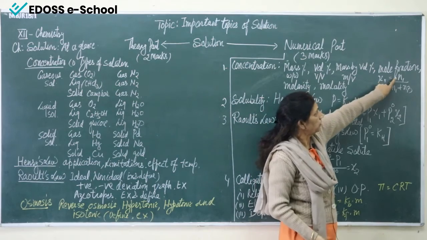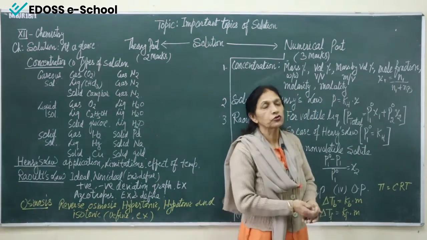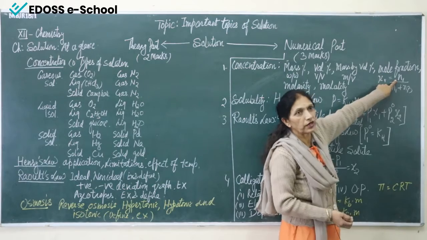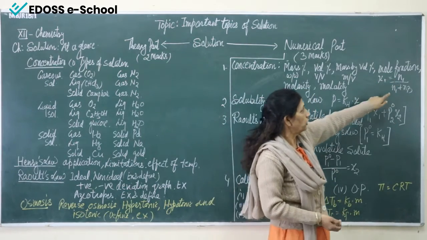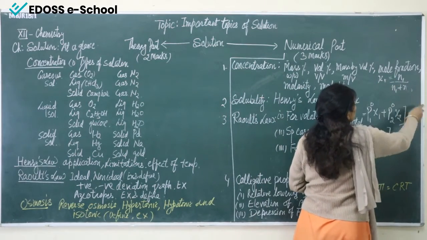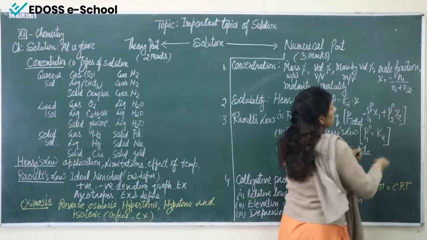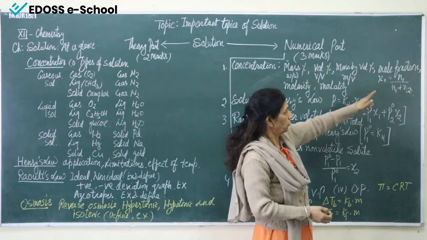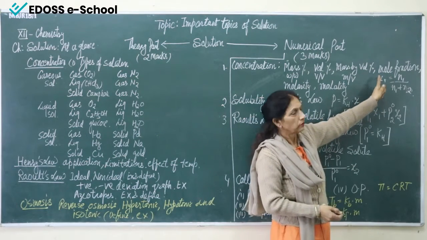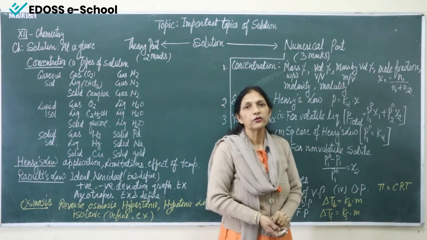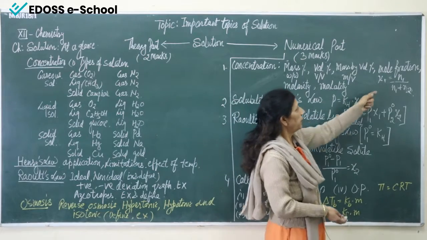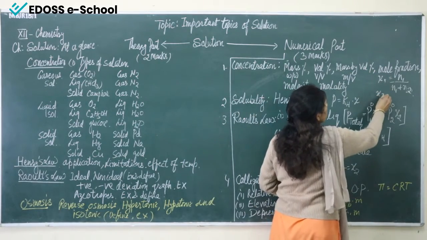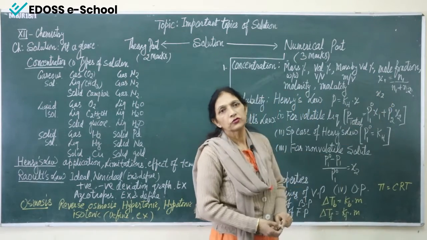Here N1 is the number of moles of solvent. 1 is for solvent and 2 is for solute. So in this way we can find the mole fraction of both. X1 means mole fraction of solvent and X2 means mole fraction of solute.